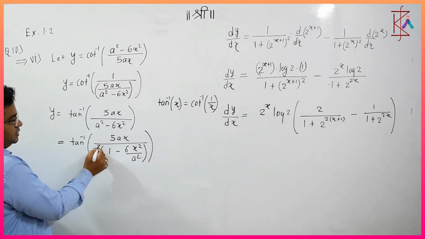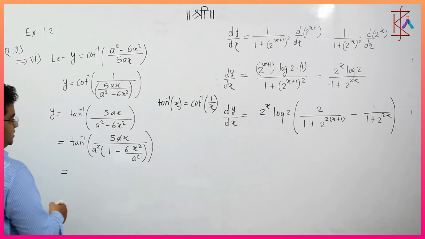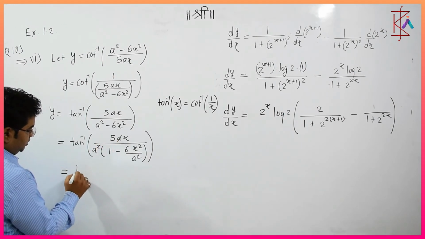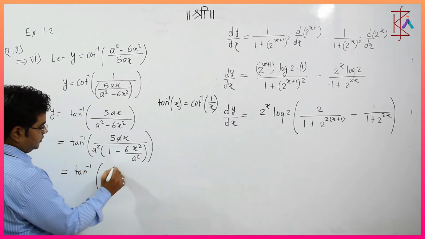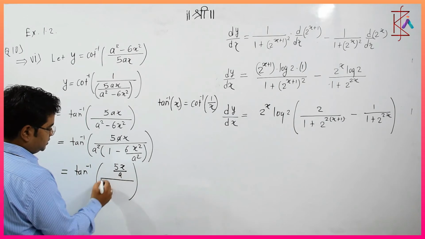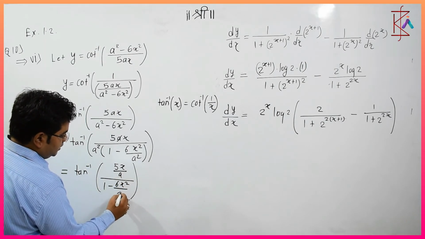Okay, now this will get cancelled. Okay, now what will happen? So next step will happen like this. So a square, this a will get cancelled, so it will become tan inverse of 5x upon a, and here it is 1 minus 6x square divided by a square.